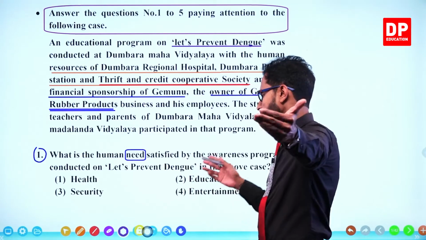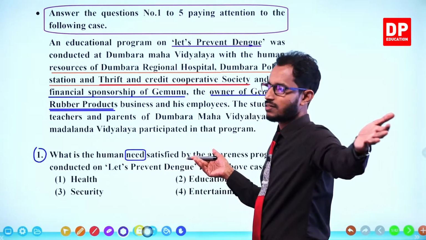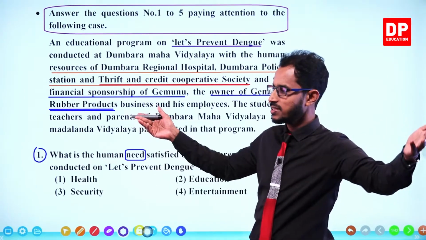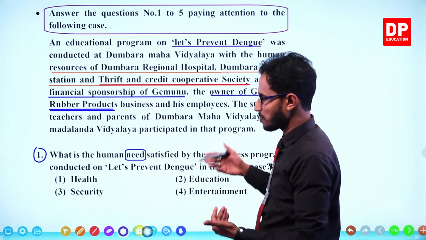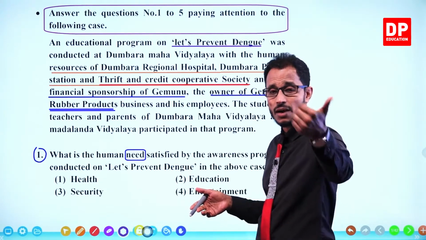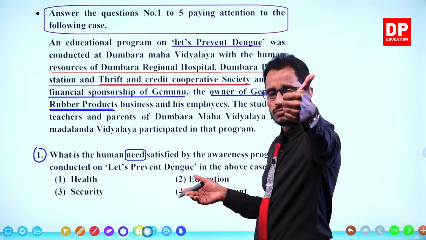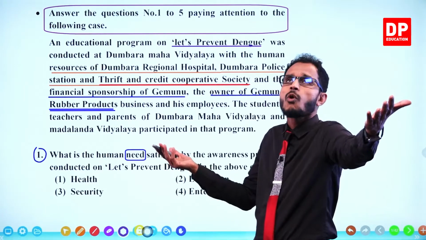Tell me the 5 basic needs. Come on. What am I doing here? I'm teaching you the lesson. No, we are doing a paper. What are the 5 basic needs? No need to think, you can't be wondering now.